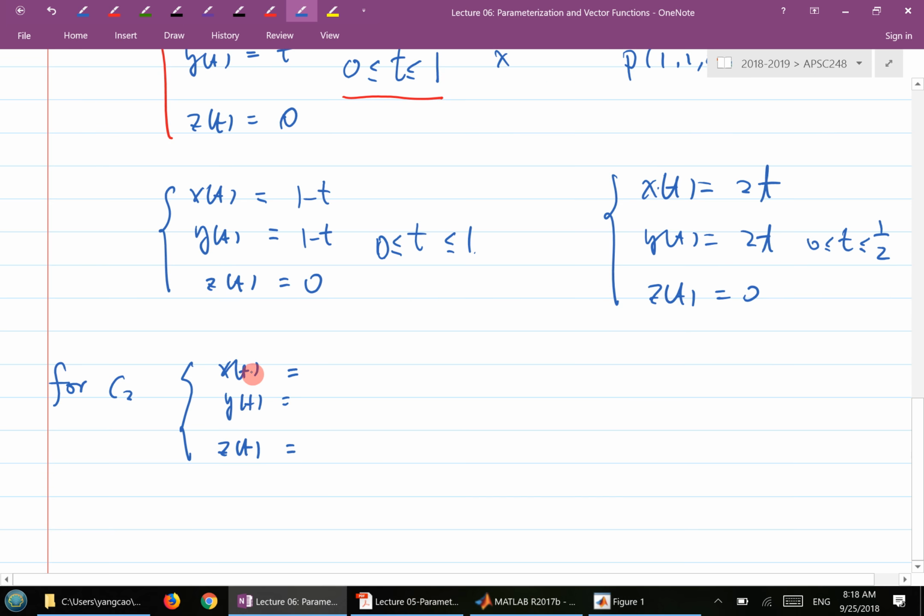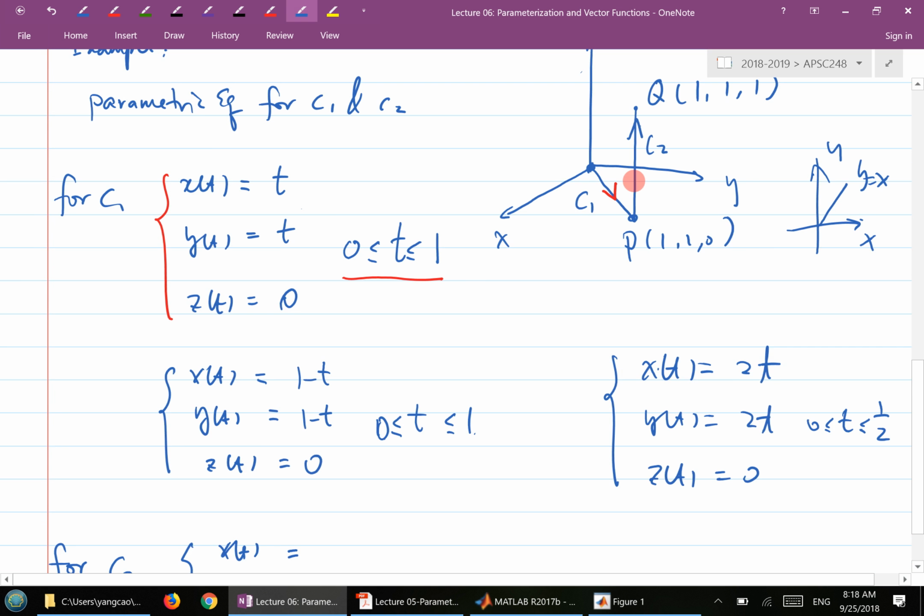So now your x, y coordinates, if you look at anywhere along this PQ line, what is the x coordinate value? What is the y coordinate value? 1 and 1. That's a very common mistake.